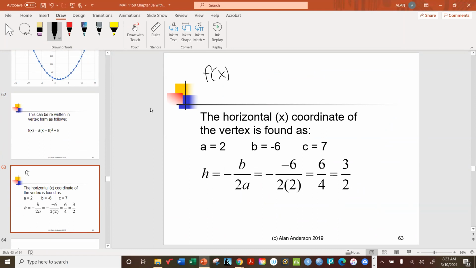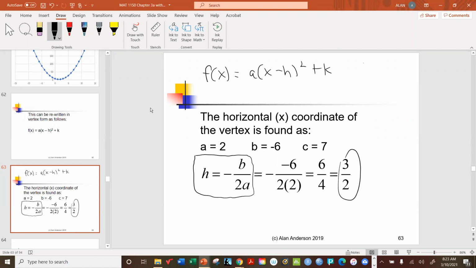F of x is a times x minus h squared plus k. H itself has its own formula. And so in this case, it's minus minus 6 over 2 times 2, which is 6/4 or 3 halves. You see, we already figured that one out from the Symbolab. So we already know from Symbolab that k is 5 halves, but where does that come from?